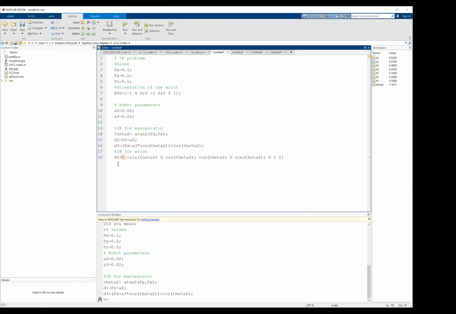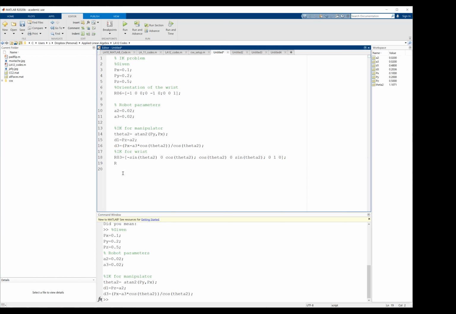Everyone okay with this? And yes, you will have a multiple solution problem that we will solve in just a few minutes. Bear with me for a second. So everyone with me so far?